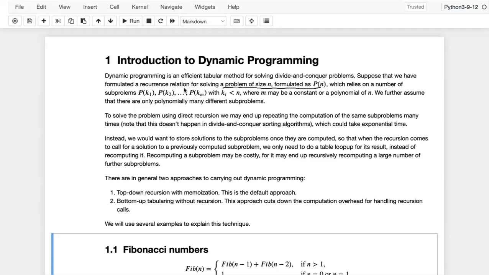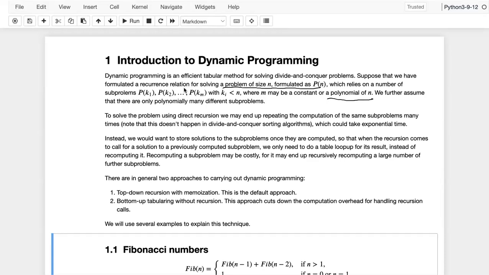Let's call them P of K1, P of K2, up to P of Km, where Ki is less than n. And m here may be a constant or a polynomial of n. Polynomial of n means that in the order of n to some constant power. We further assume that there are only polynomially many different subproblems.